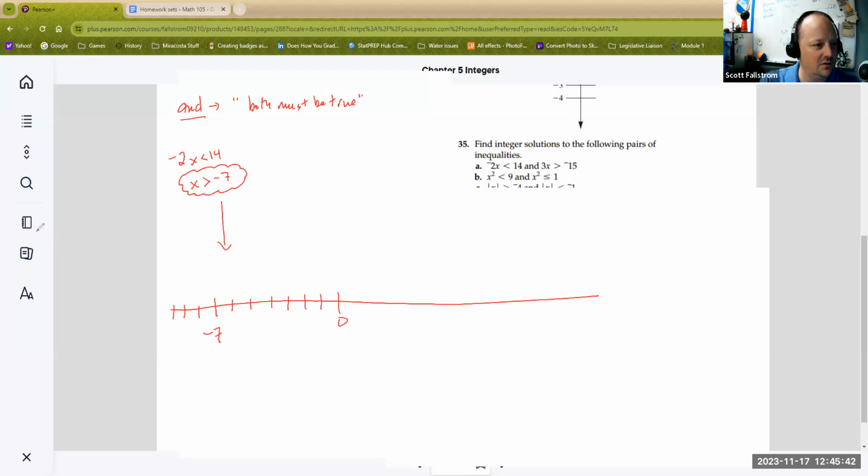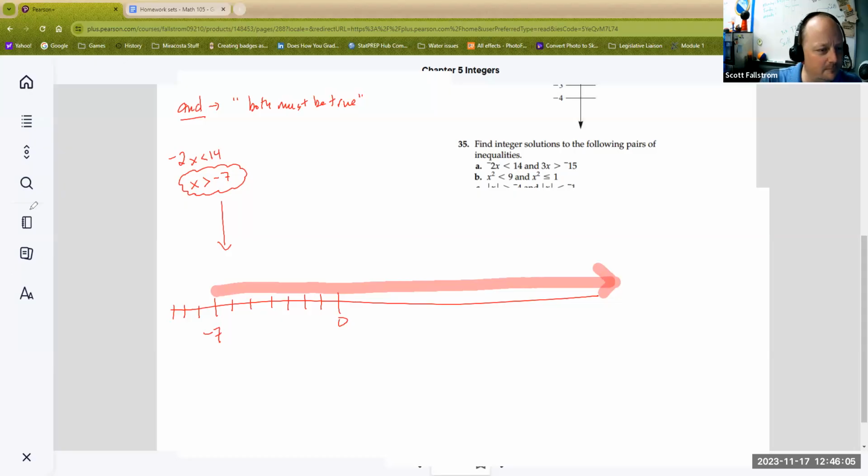So I am going to shade the region of those. I'm using the highlighter tool. Okay, so here's what I want to do. I'm going to shade everything that goes from negative 7 this direction. There's that part.